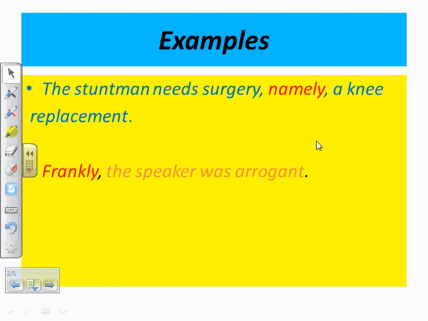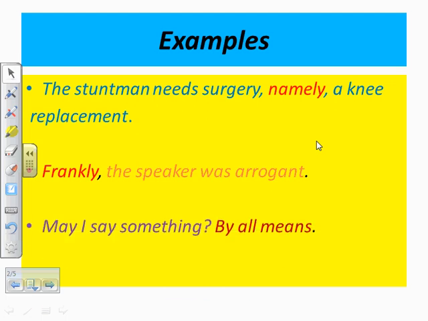Frankly speaking, without flattering, the speaker was arrogant. Arrogant means haughty. He looks down at people. May I say something? By all means. By all means means a polite way of saying, okay, I say it, okay?